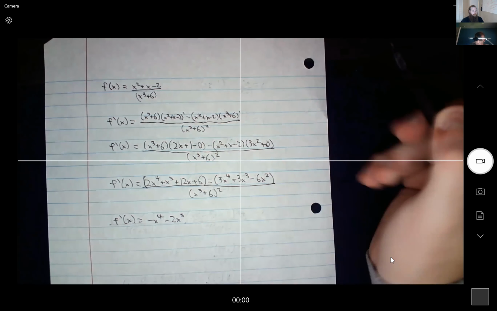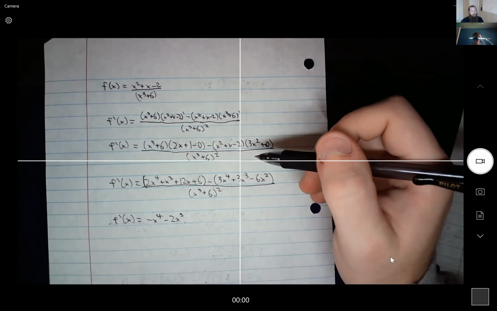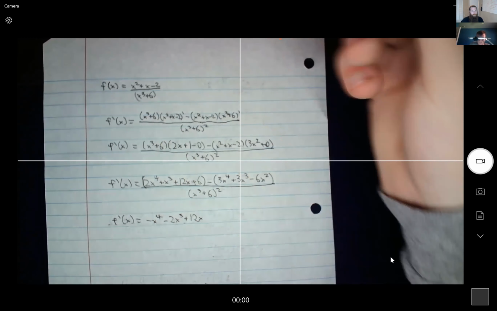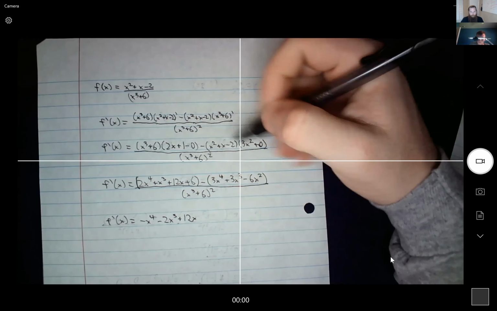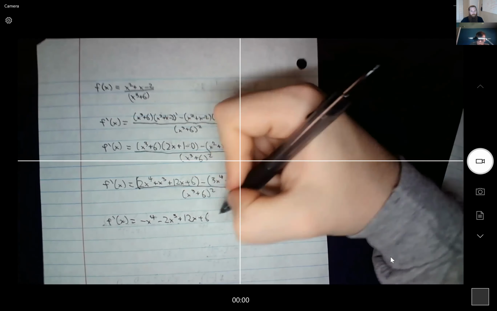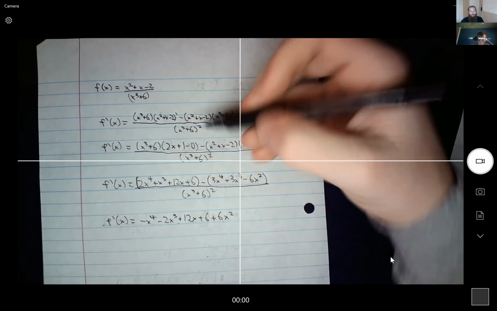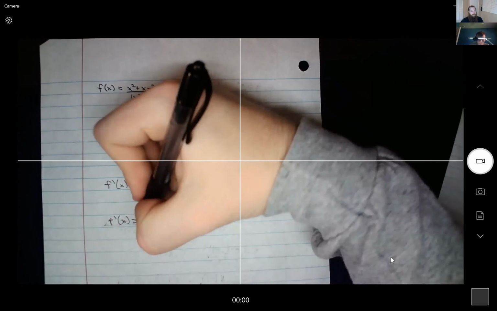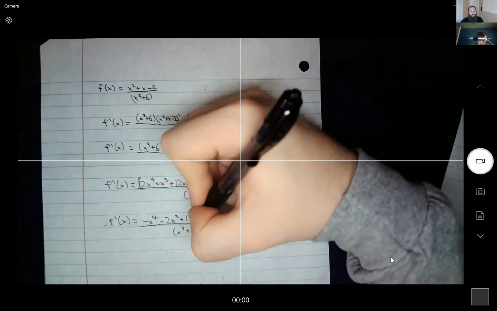There's nothing that affects the 12x, so it would just be plus 12x. 6, nothing affects that one either. There's nothing to subtract from that. So plus 6, and then minus the negative 6x squared, so it's going to be plus 6x squared, because it's a negative here. All over x to the third plus 6 squared.